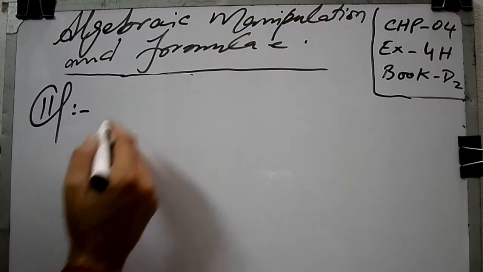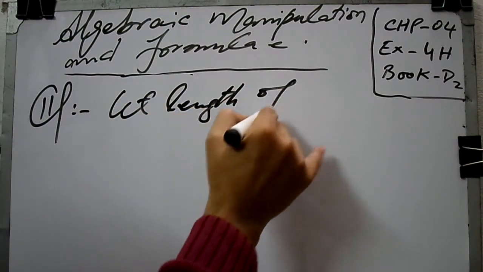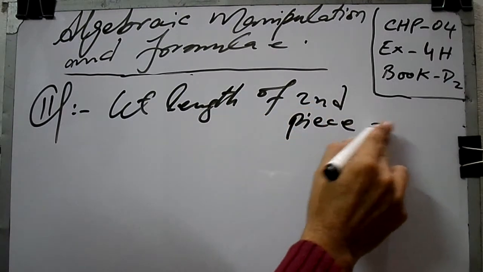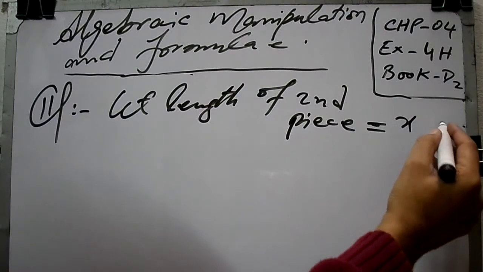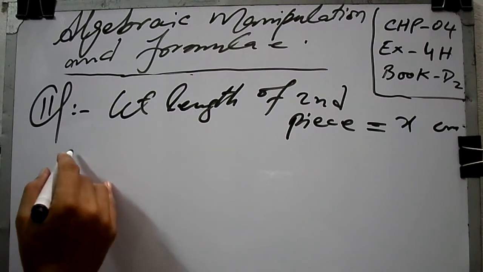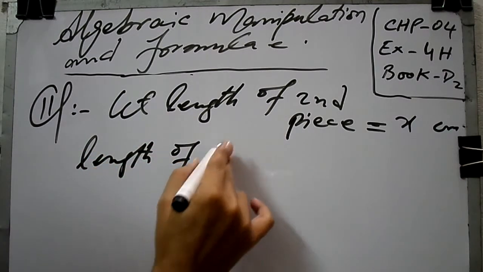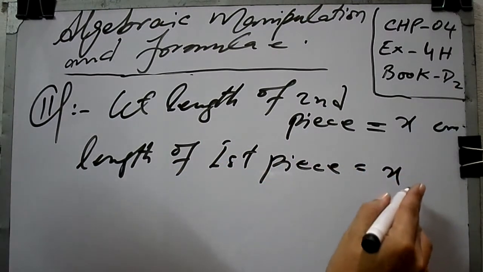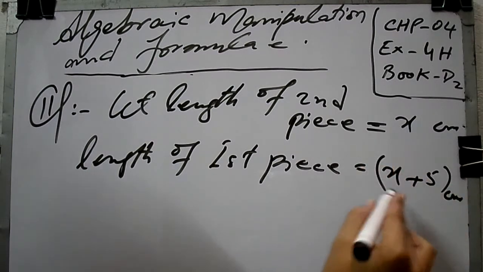Suppose the length of the second piece is x centimeters. Therefore, the length of the first piece is x plus 5 centimeters.